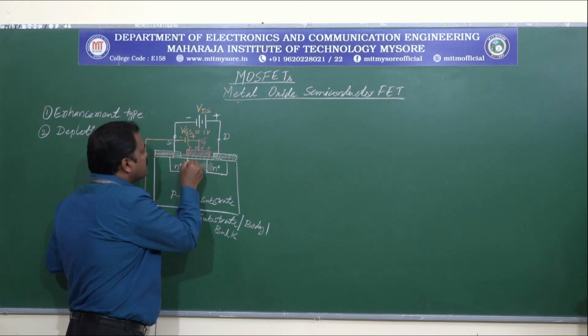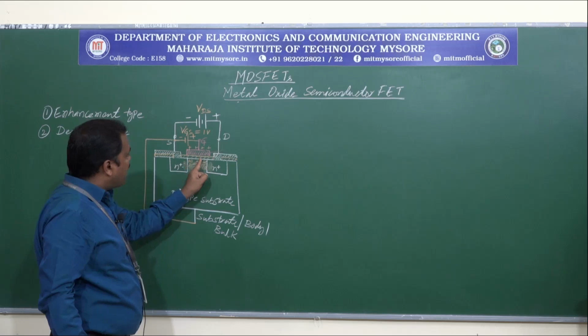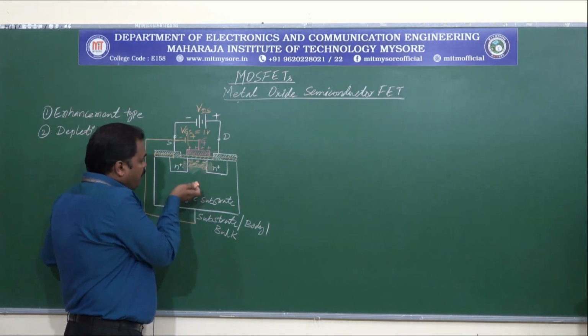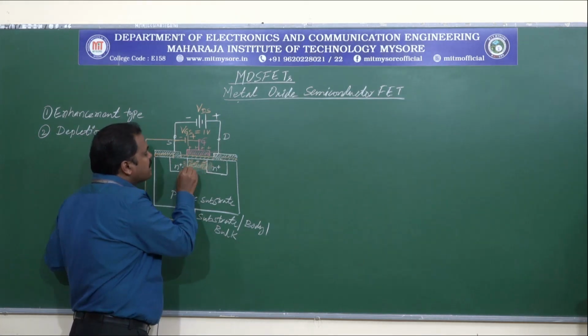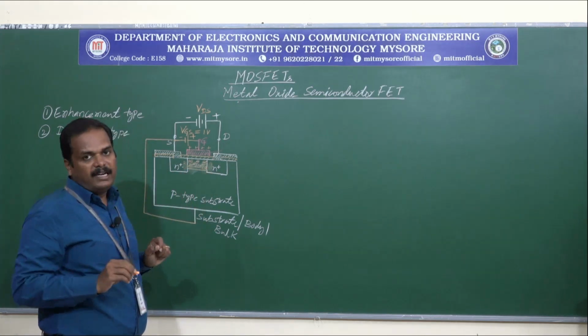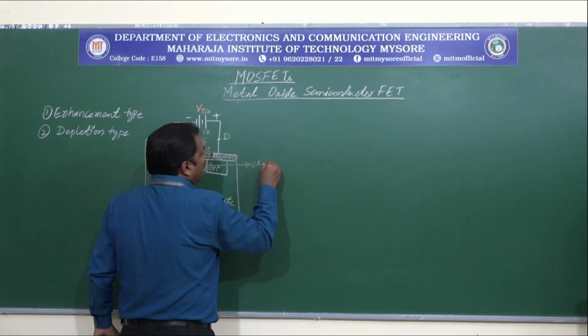All the electrons will come and settle down here, even the electrons from the n plus regions will be attracted towards this end. Now the p-type layer will be converted into the n plus layer, and we say the channel has been created. So we call this the channel.